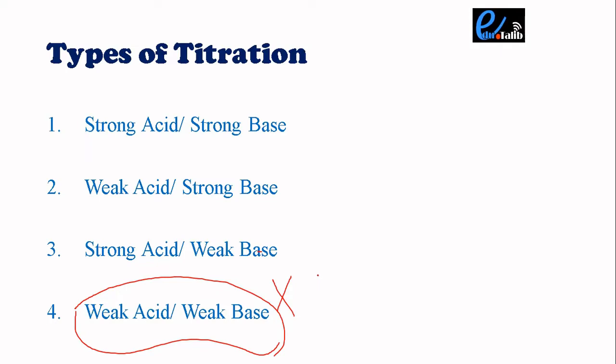The endpoint and the experimental procedure would be very difficult to control. So we only have to discuss the three types: strong acid with strong base, weak acid with strong base, and strong acid with weak base.